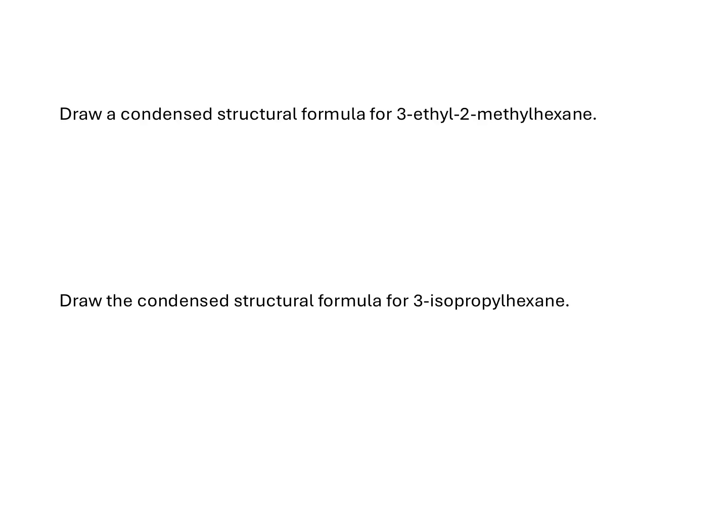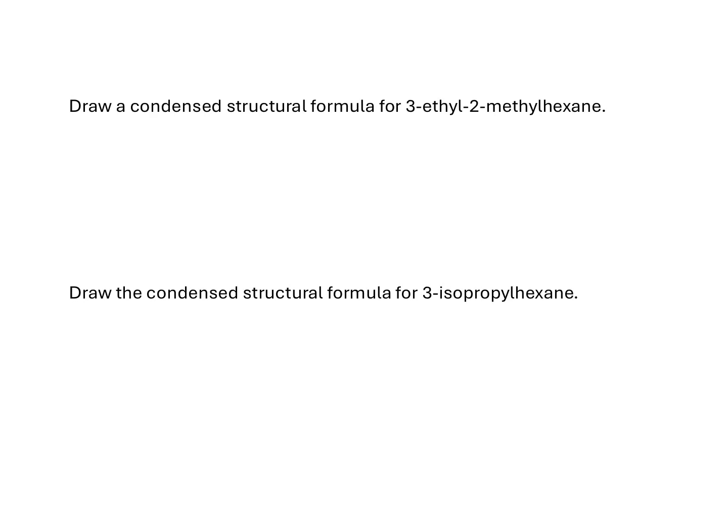So I have 2 problems here where you draw a condensed structural formula for 3-ethyl-2-methylhexane. Now, when I start to do these, I start with the parent hydrocarbon chain first, and I just draw the carbons. So I have a carbon, carbon, 1, 2, 3, 4, 5, 6.